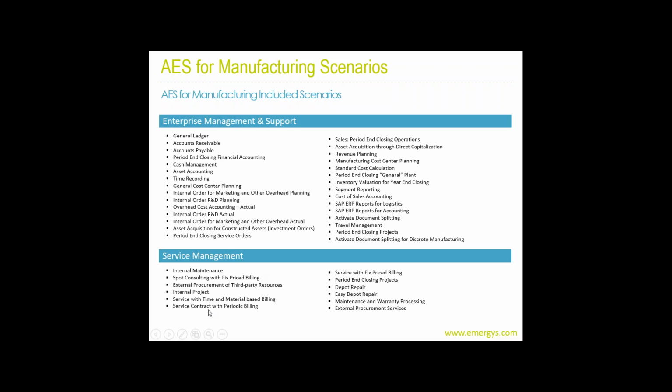Service side, some people sell service, some people maintain what they put in the field. There can be a lot of money made in the service and warranty side of the business. Some only do the internal maintenance, so they maintain their own equipment, and that's all they do. So the rest of these would fall off because they're not required.